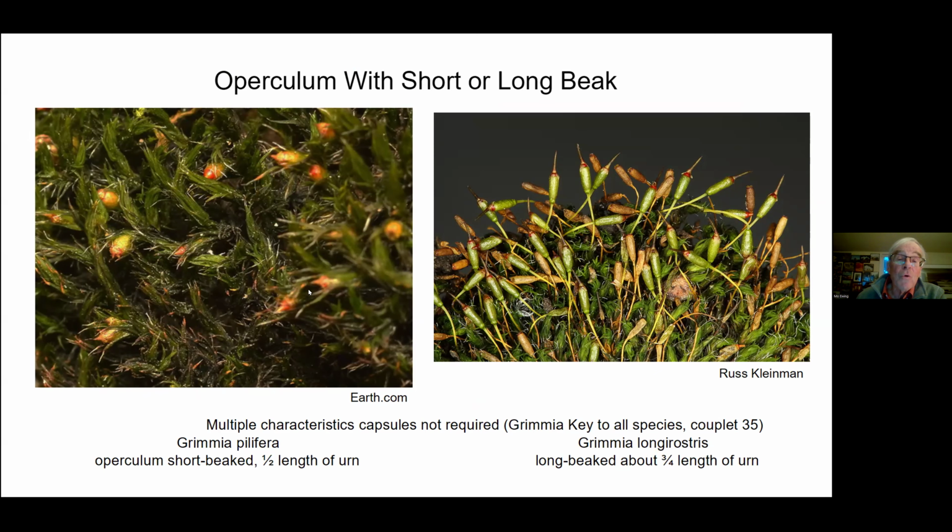These beaks are really short, half or less the length of the urn, or long-beaked in Grimmia longirostris, where the beak is about 3/4 of the length of the urn. You can see that here. Again, notice the species name is longirostris. That probably refers to the length of the beak, I'm guessing.